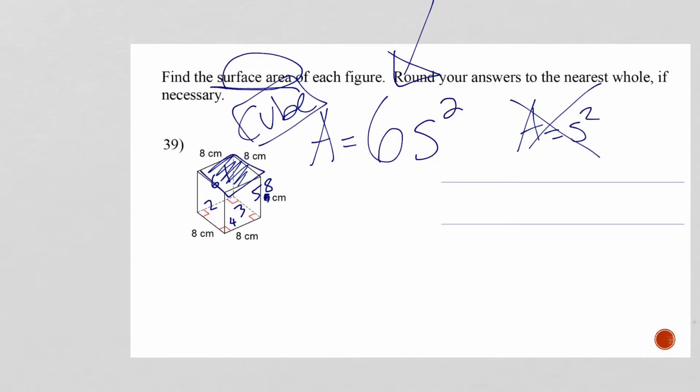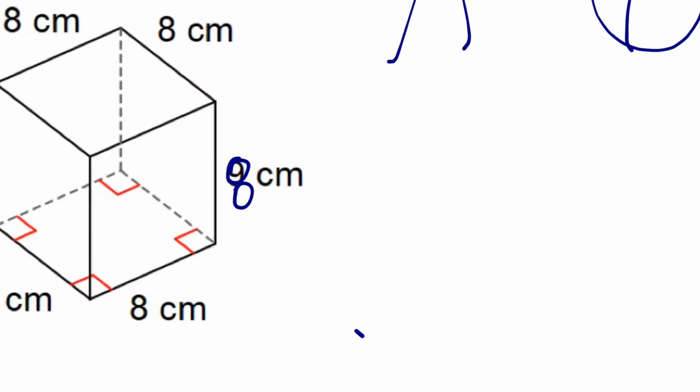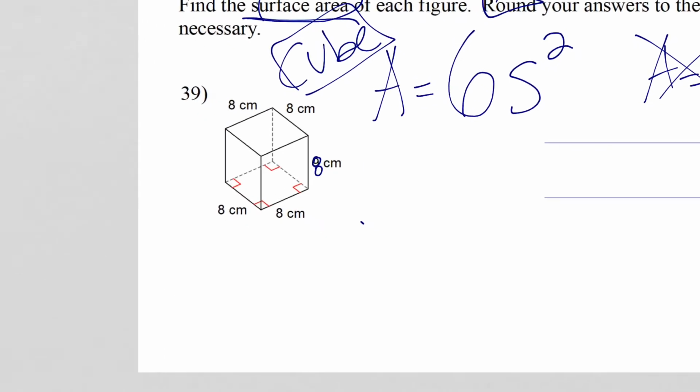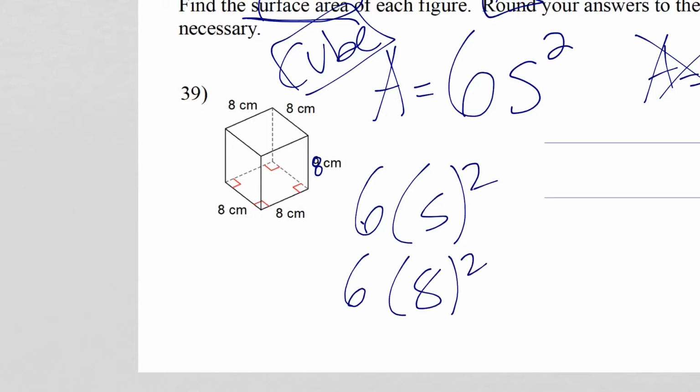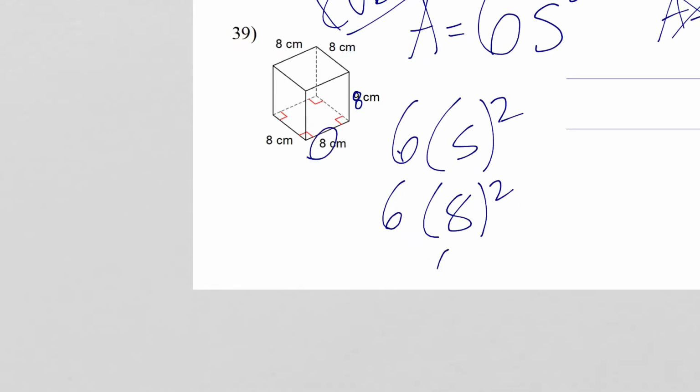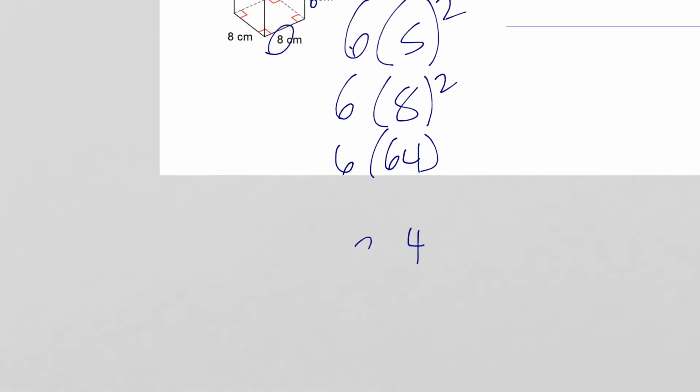So we're going to just say that all the sides measure the same, because on your final, they're all going to be the same measurement. It's not going to be 8, but they're all going to be the same. So side squared is 8 squared, because that's what your side measures. 8 squared is 64, and when you multiply 64 with 6, you get 384 centimeters squared.